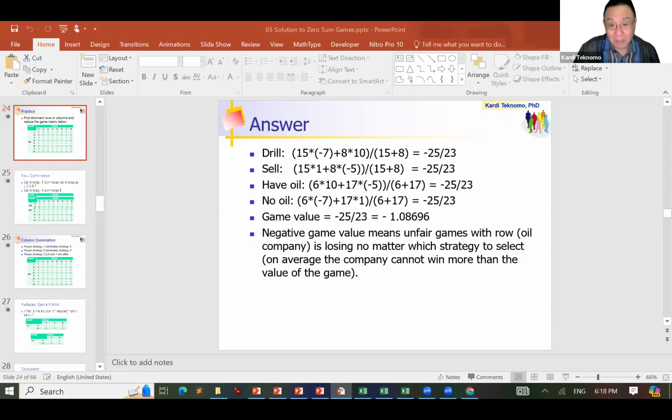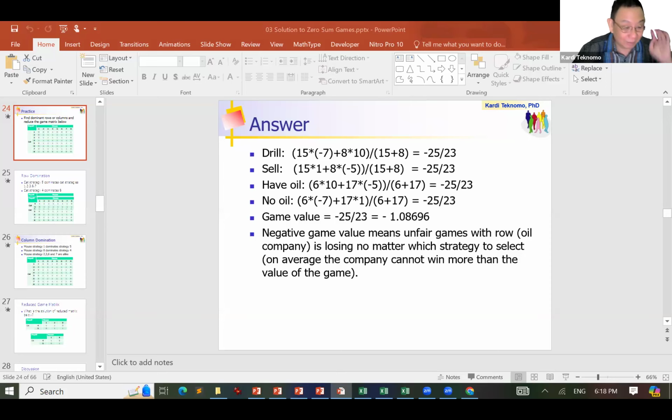Minus means unfair. Again, this is for the row, so this is unfair for the row, for the oil company. In this kind of game, the oil company is always losing about $1 million. Whatever strategy it selects, this company cannot win more than this game value.